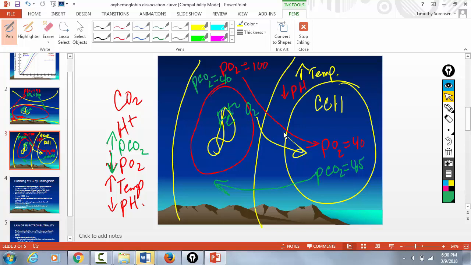So what's going to happen to the PO2 inside the cell when you start becoming more metabolically active? You're using the oxygen. So it'll go down, right? If you're using more oxygen, PO2 inside the cell is going to go down. What's going to happen to the PCO2 inside the cell?